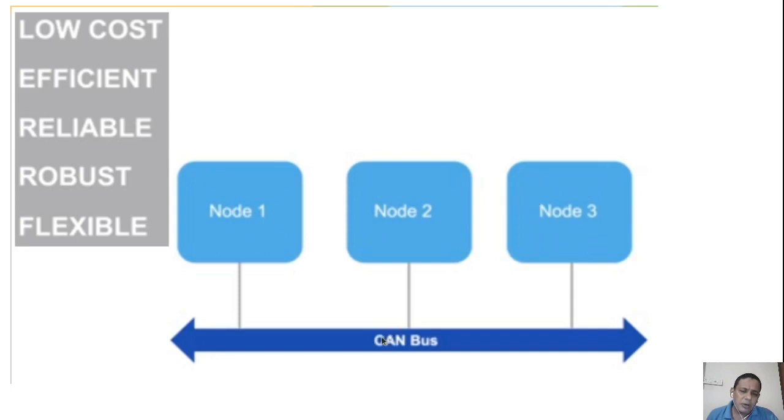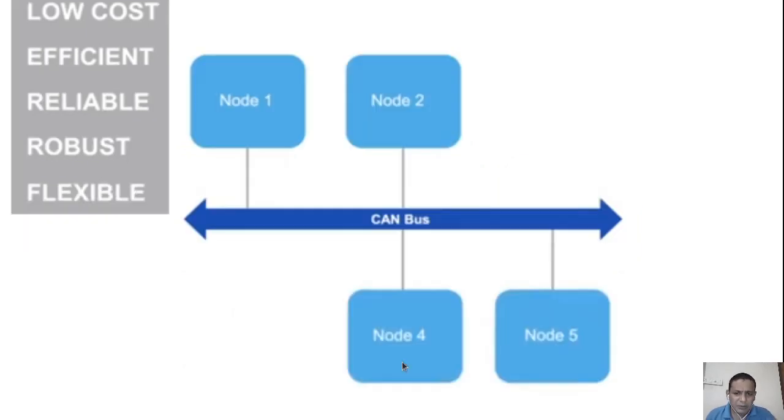Suppose I want to introduce ABS also, I can very easily add the ABS to this CAN bus. So that is the advantage of this CAN bus. It is highly flexible also. You can see we are adding node 4 and node 5 to this CAN bus.